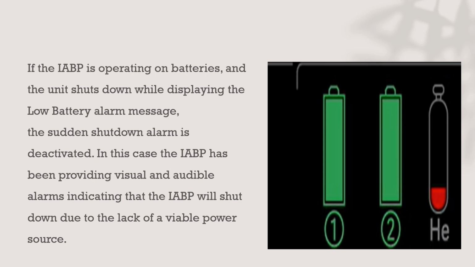But the sudden shutdown alarm will be given to indicate that it will shut down due to lack of a viable power source or a problem in the balloon itself. And if we have this alarm, inflate the intra-aortic balloon pump with 40 cc air or helium immediately and aspirate it immediately. And repeat this every 5 minutes while the intra-aortic balloon is inactive until we get another machine.